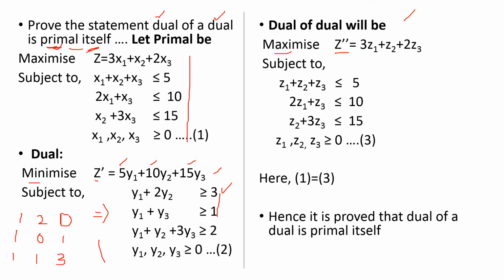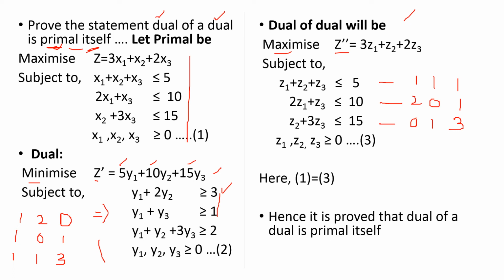So it will become 1, 1, 1, 2, 0, 1 and 0, 1, 3. See, 0, 1, 3. Okay, based on that you have to form the new constraints. Very simple. Take the transpose again.